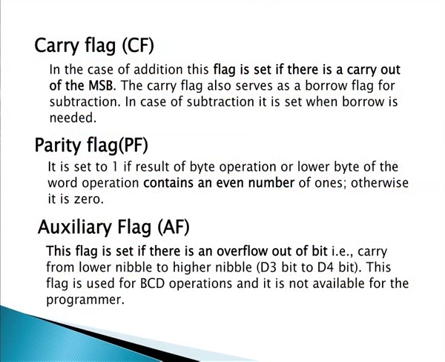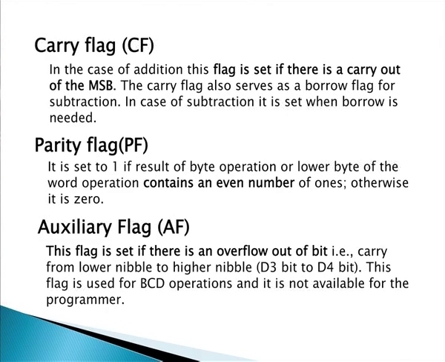Now, the next flag is the auxiliary carry flag. This flag is set if there is a carry from the lower nibble to the higher nibble. This flag is used for BCD operations and it is not available for programmer use.